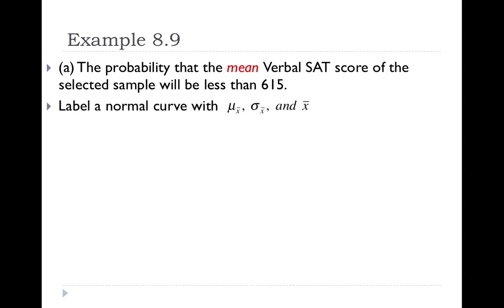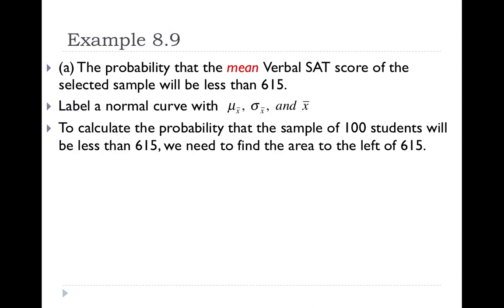Okay, we're going to look at our normal curve, and in the center we're going to label the mean of the sampling distribution and the standard error of the sampling distribution. 600 and 6.5. Now this bell curve doesn't represent the population, it represents the sampling distribution.